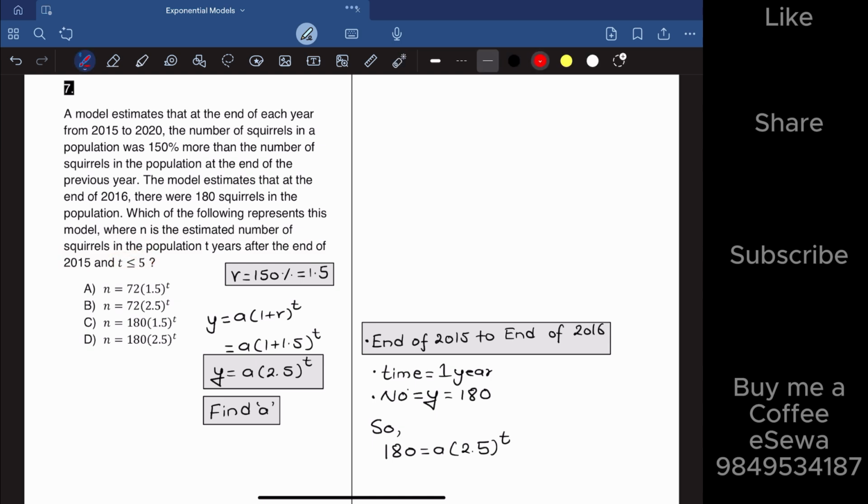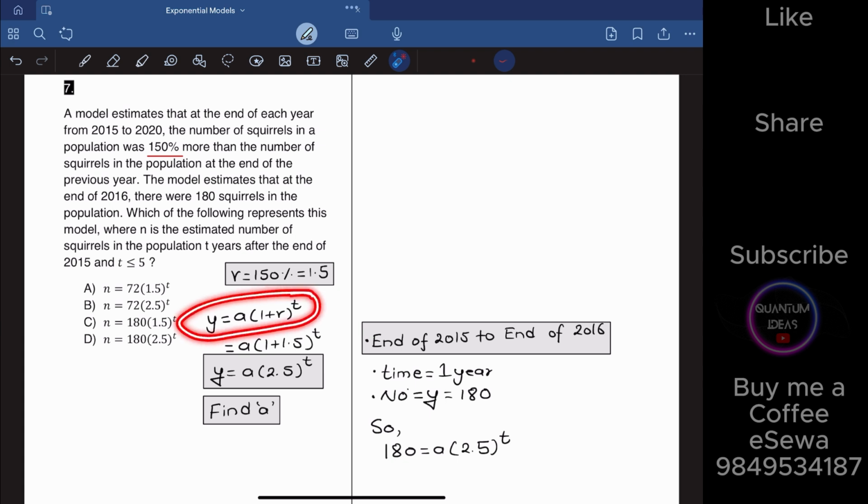Okay, so what is the information? Let's see. First of all, 150% is our rate, so I have just taken it here. The rate 150% is 1.5, and you can see here basically this is the case of exponential growth. So this is our equation, right? y equals a times (1 plus r) to the power t. We don't know the initial population, we need to calculate it, that is the main point.